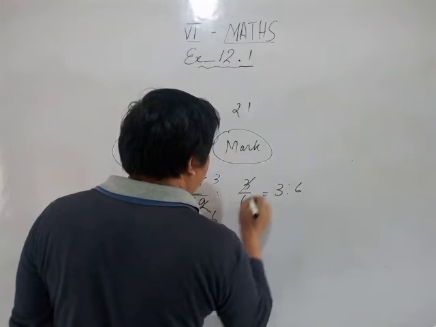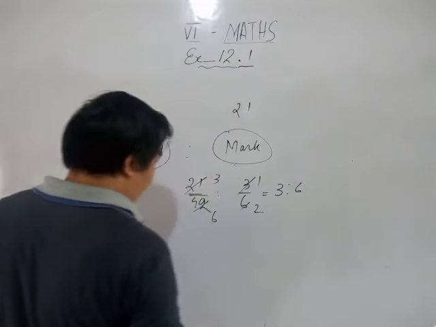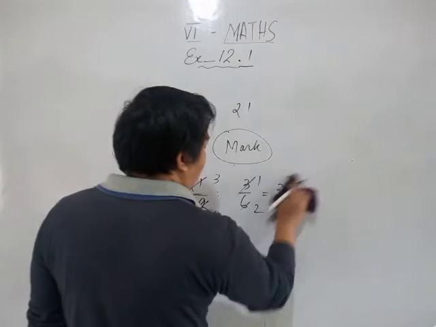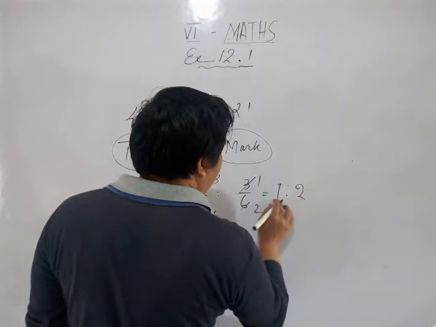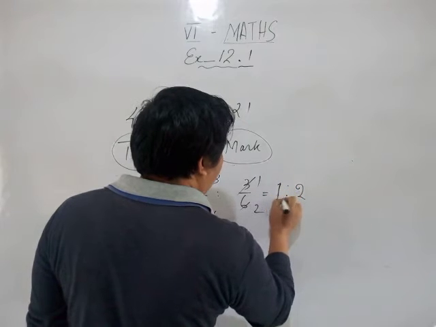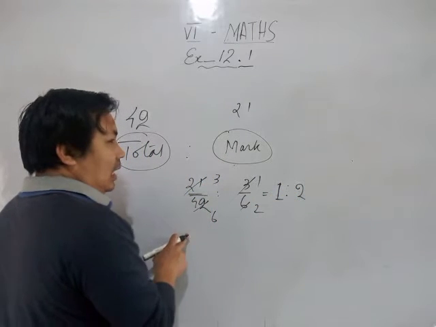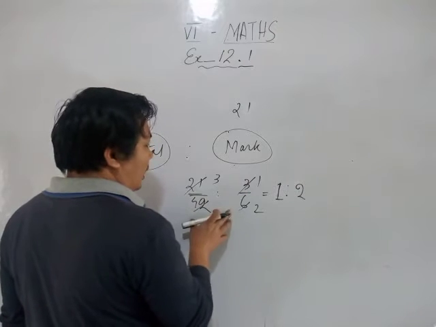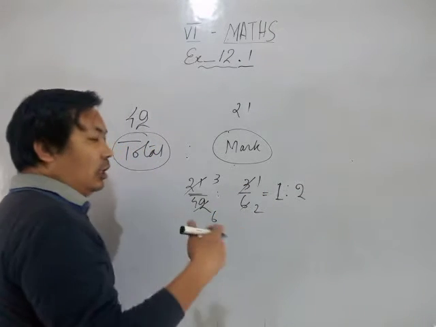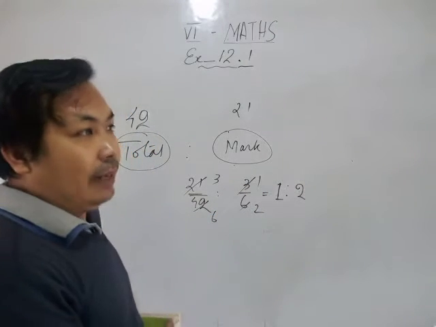This also can be written as 1 by 2, so 1 by 2 means 1 is to 2. So your mark is half of the total, or the total is 2 times your mark.